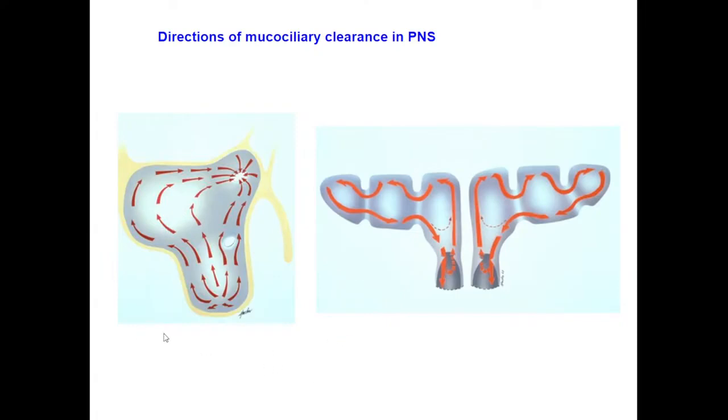So as you can see, it's maxillary sinus, it's frontal sinus. In each case, the direction of mucociliary clearance is directed to the natural ostium.